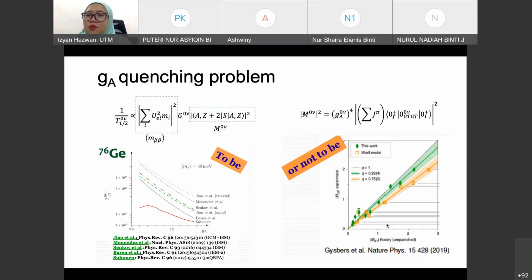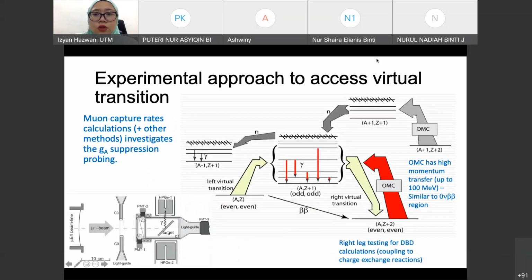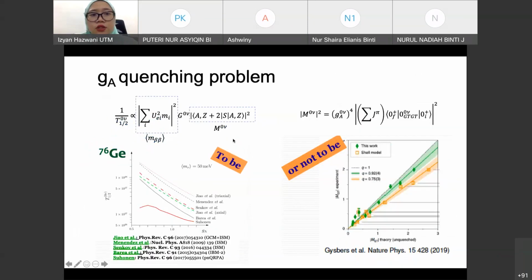This is the main problem, and the reason why we need to use ordinary muon capture to investigate the matrix element, due to this quenching problem. If you look at the top, this is the transition rate for neutrinoless double beta decay, and this is the matrix element, which is contributed by this gA. This gA comes from the transition rate that we observe in this experiment.